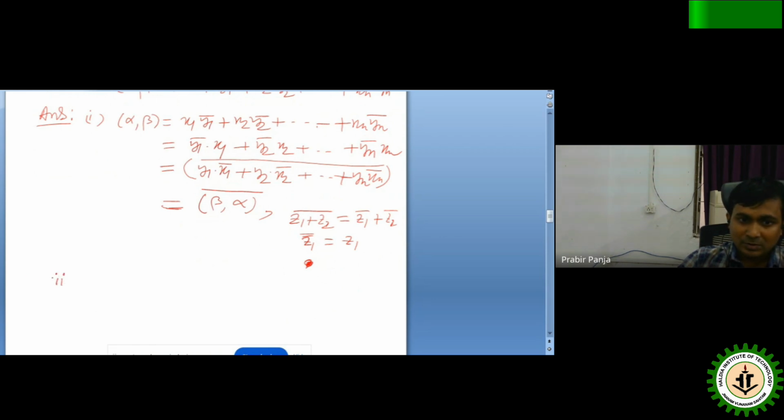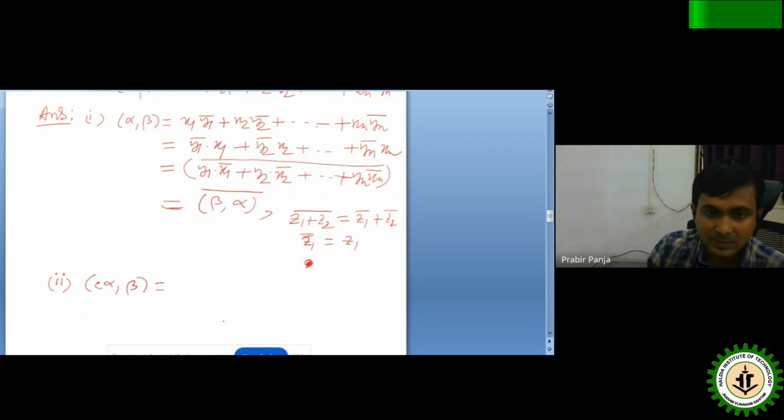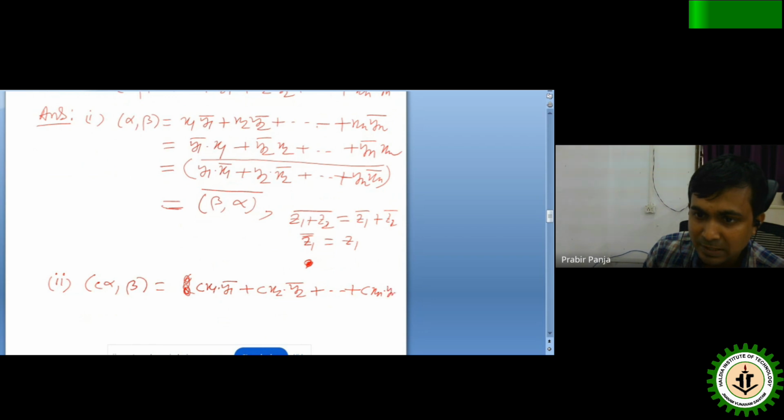Now we'll go for condition number two, which is C alpha comma beta. If we multiply the alpha vector with c, it will be c into x1 into y1 bar plus c into x2 into y2 bar plus ... plus c into xn into yn bar.